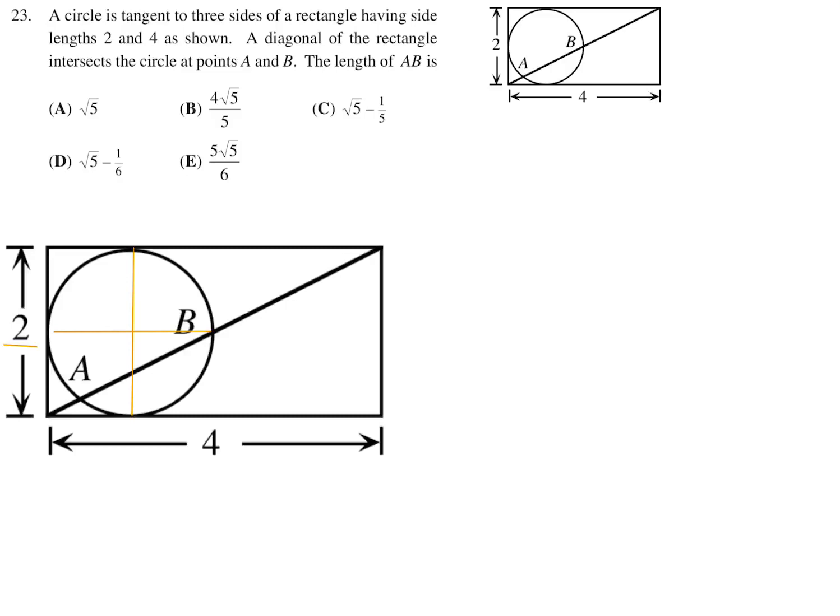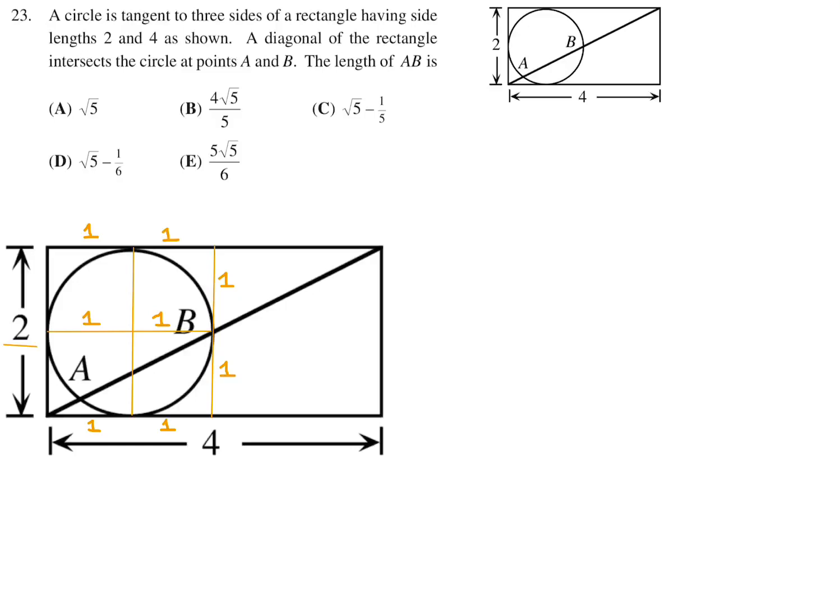If the diameter is 2, the radius is 1. And I'll just start labeling this to make you understand, draw some lines, and label as much as we know. This is 1, this is 1, this is 1, this is 1, that's 1, that's 1, and so on. And I think that's it.